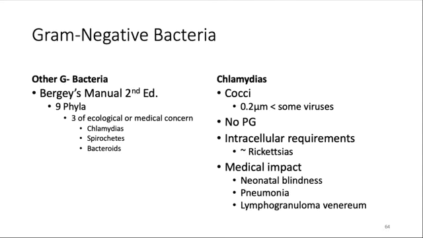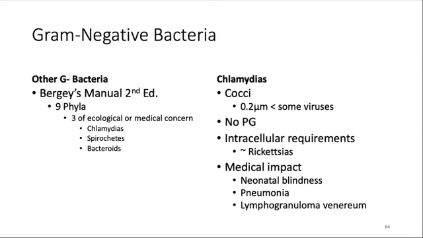But they are very important medical bacteria in terms of the impacts they have on us. So, for instance, Chlamydia trachomatis is an organism that causes trachoma, which is one of the leading causes of blindness, especially in the developing world. And then they have species that are implicated in pneumonia.